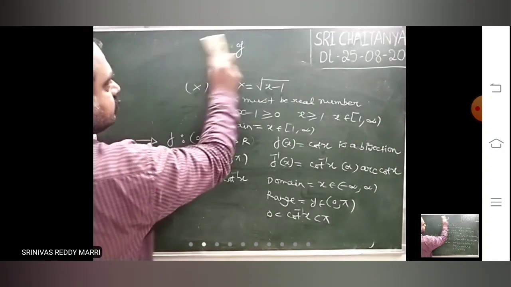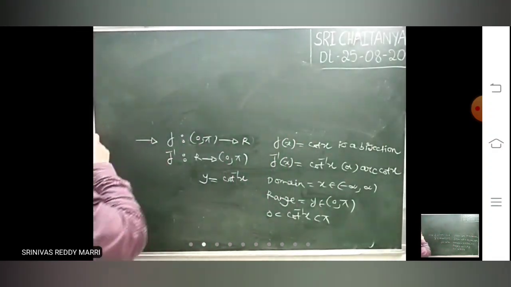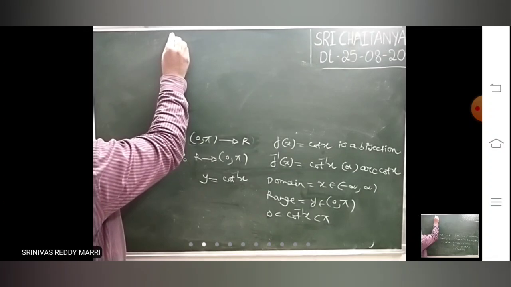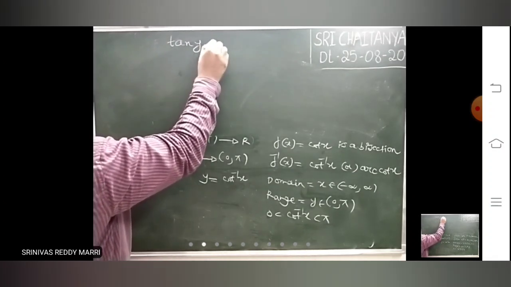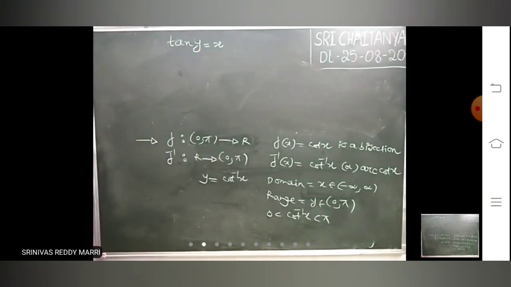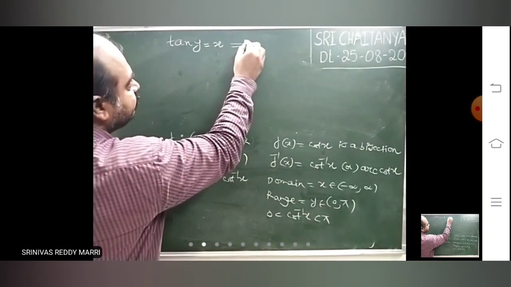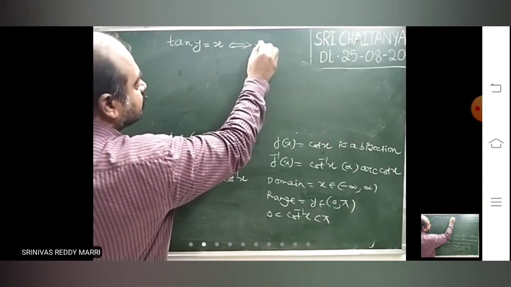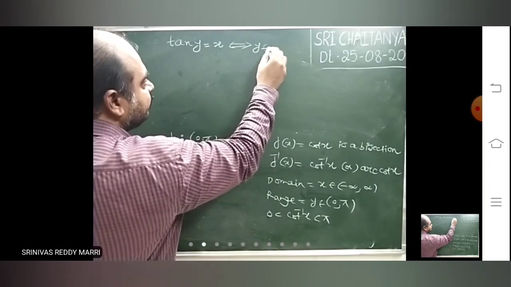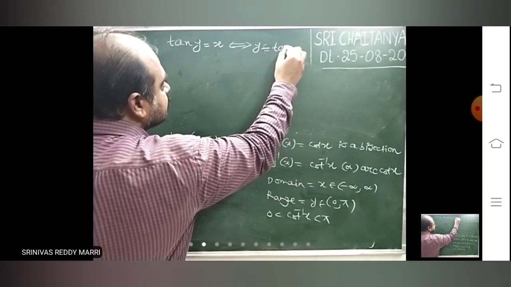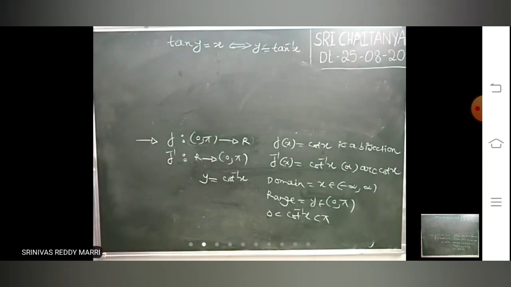Look at this: we have missed one point in tan inverse. Tan y equal to x, if and only if tan y equal to x. If you got it like this, you can write y equal to tan inverse x.